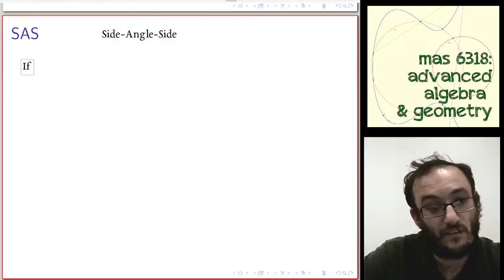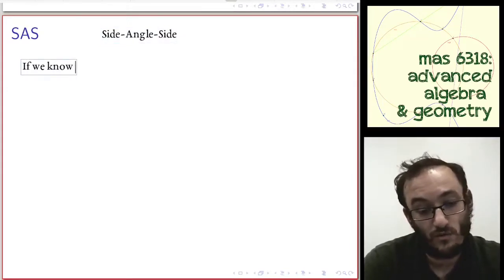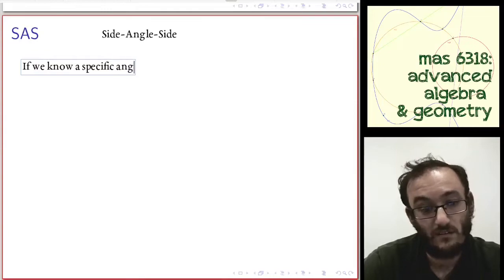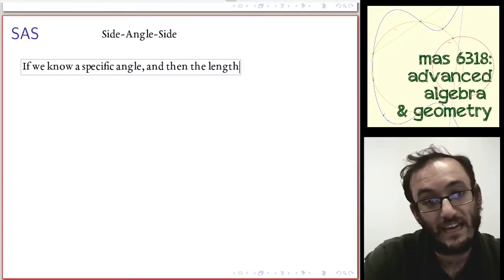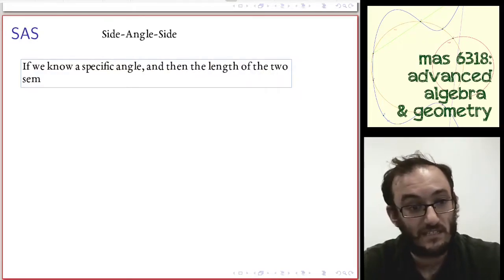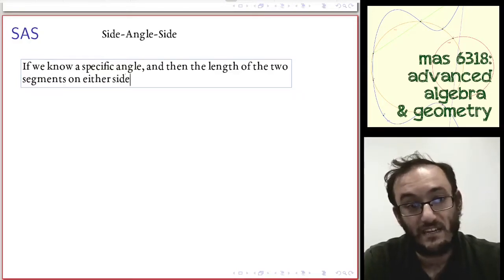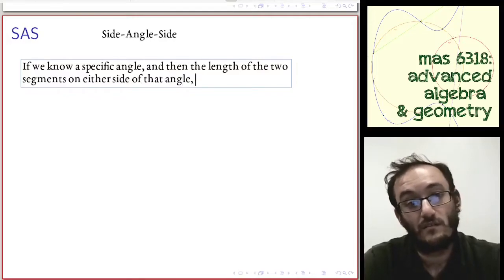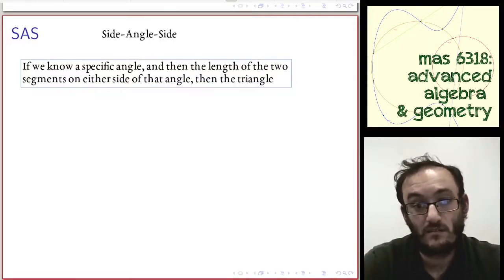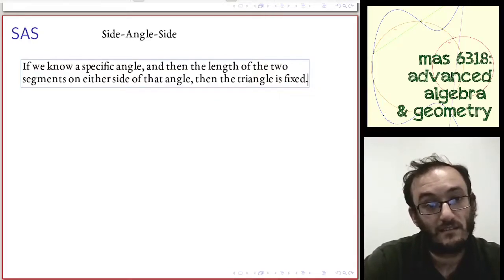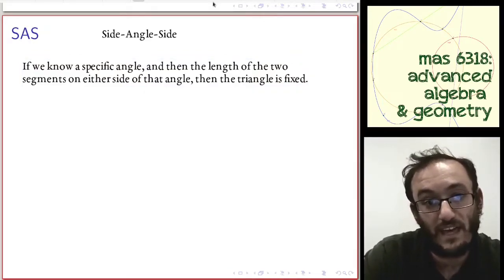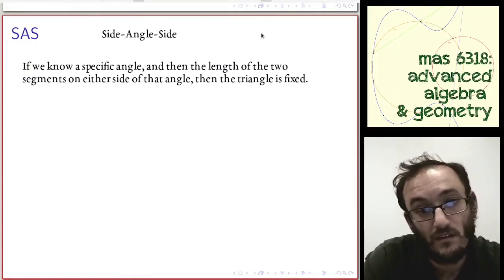So if we know a specific angle and the length of the two segments on either side of that angle, then the triangle is fixed. It's straightforward because you know what the angle looks like.